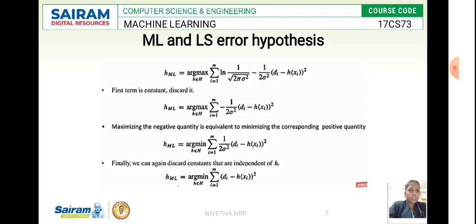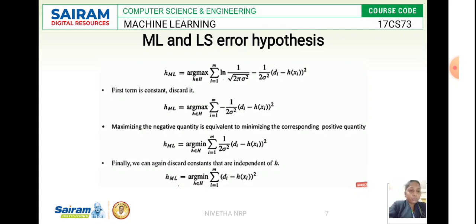So when you discard the constant, the hypothesis of ML will be argmax h given h, the summation of i equal to 1 to m of minus 1 by 2 sigma square (d minus h of xi) the whole square. When you discard the negativity, whenever you are maximizing the negative quantity, this in turn is reflected by minimizing your positive quantity.